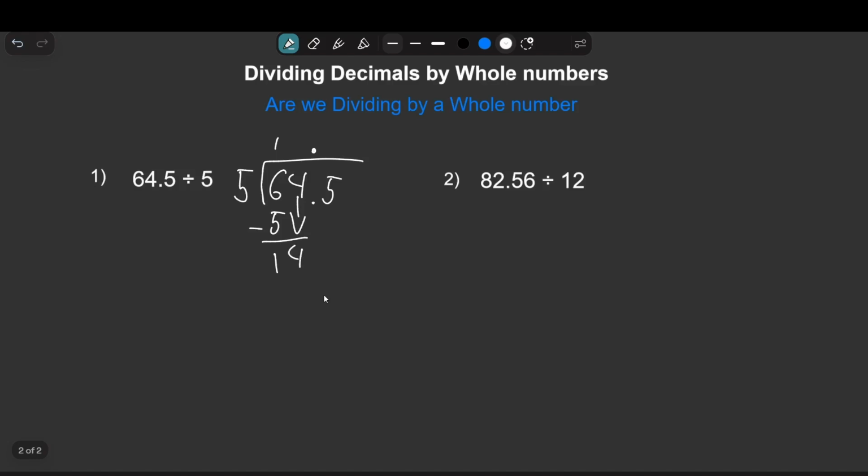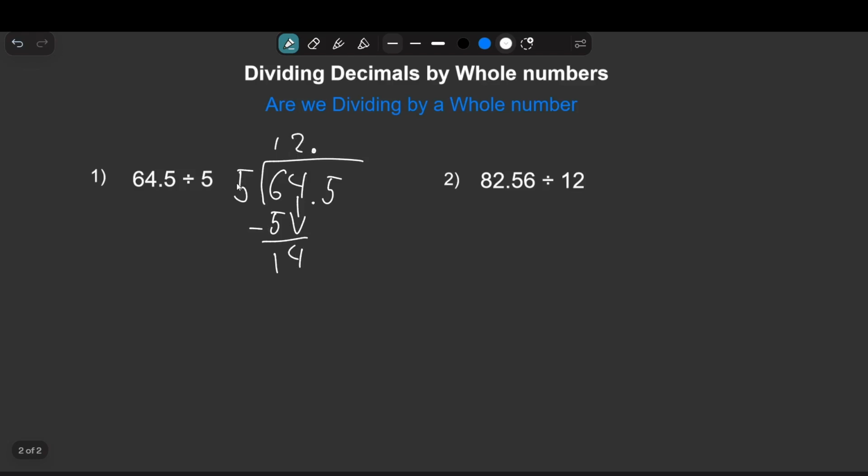Now we just repeat the same process over again. We have to divide again. How many times does 5 fit into 14, or 14 divided by 5? So, 5 fits 2 times into 14, because if we do 3 times 5, it will become 15, and then it won't be correct because we went over our number. So we write the 2 down up here.